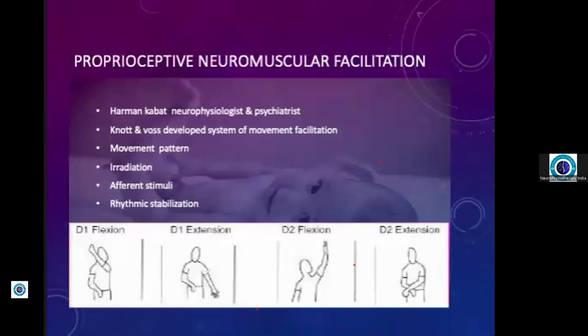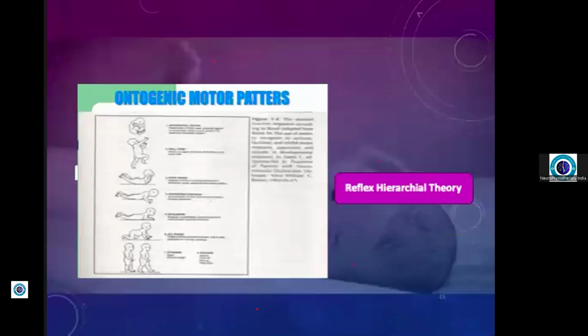So from there, we moved on towards PNF, and sir is the master of this one. So we started using PNF in today's practice. We do that. Next. Then a lot of thinking about the Rood approach, which talks mainly about following a sequential pattern of development.